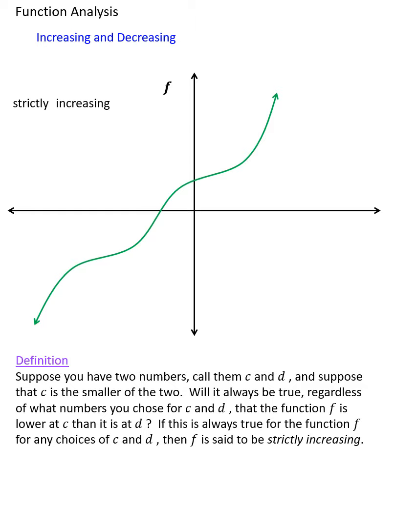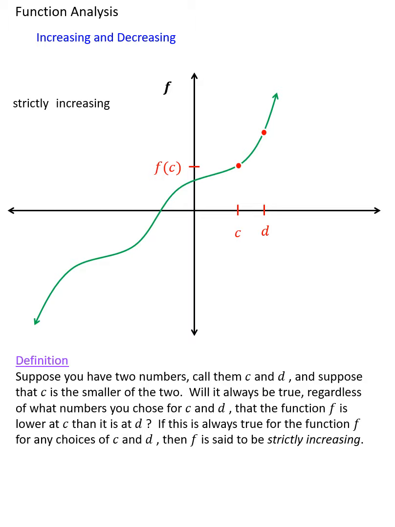Now, this may seem a little strange, so let me give you some visuals to go with this. Here's some random number on the x-axis, call it c. Here's a bigger number, d. So notice that c is lower than d. These 2 points correspond on the function to those particular x values.